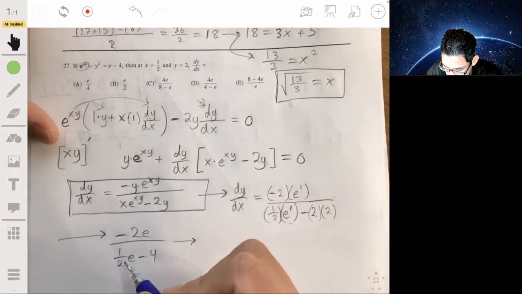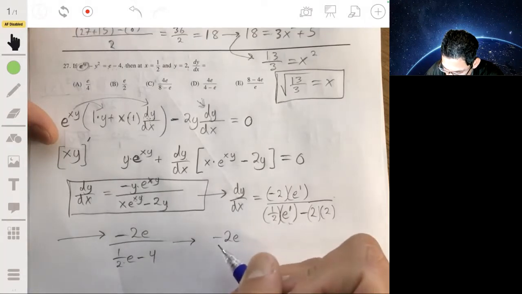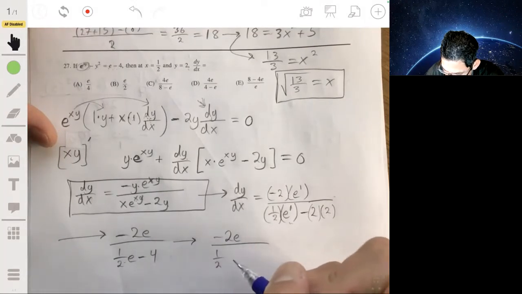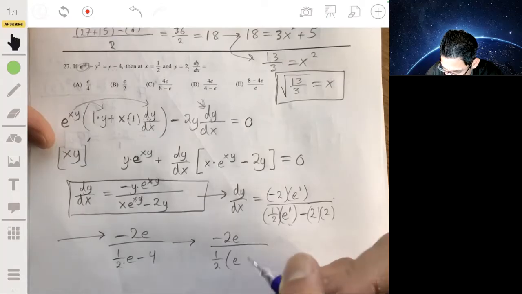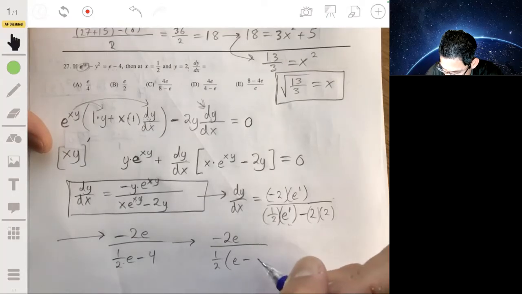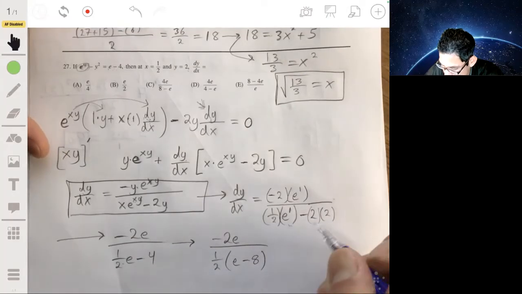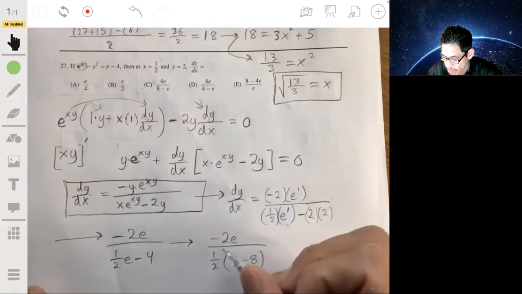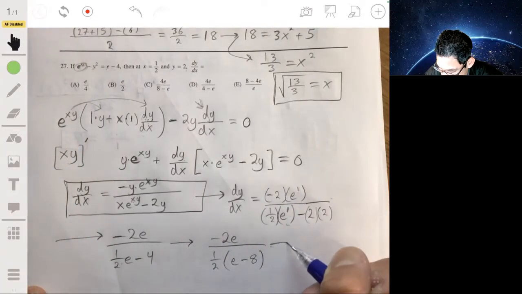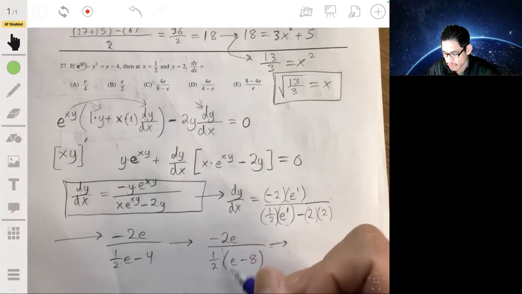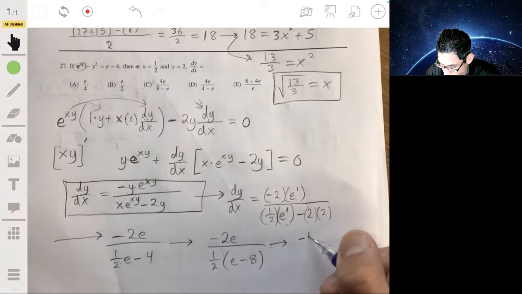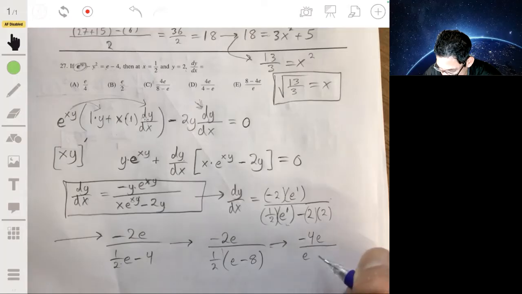We're going to factor the 1/2 in the denominator. We're going to have 1/2 times e minus 8. And then, just dividing by that, you'll get negative 4e over e minus 8.